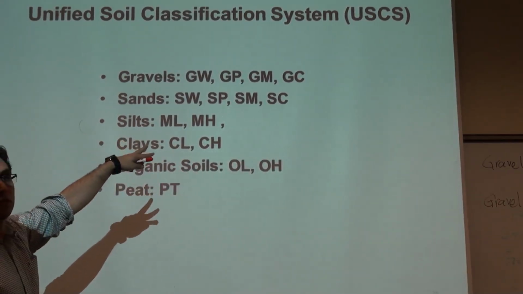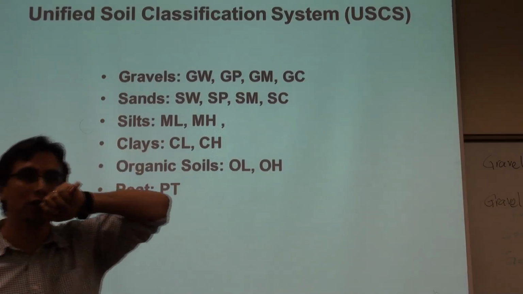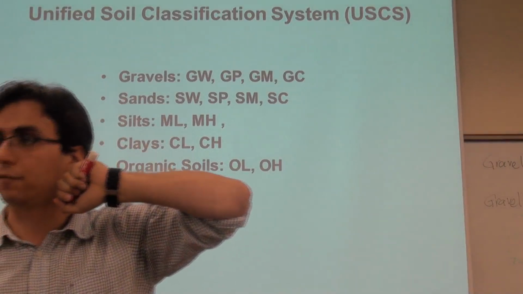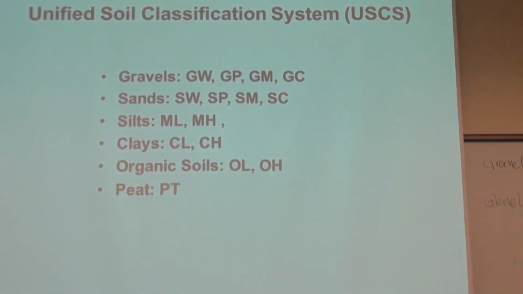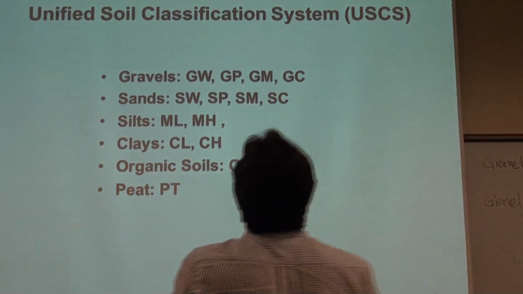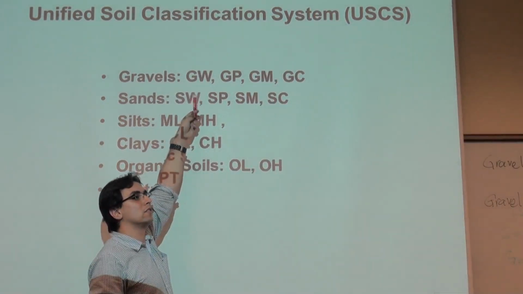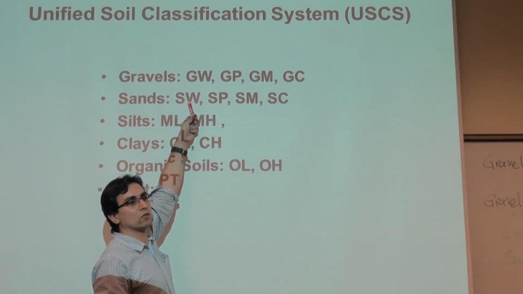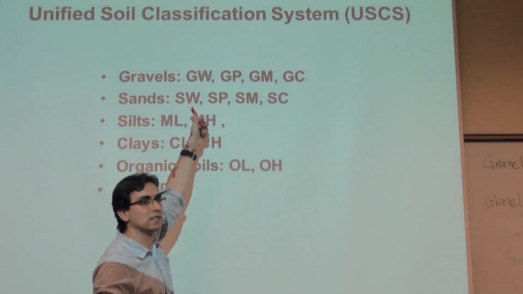But we don't have dual symbols here, those borderlines. Remember that when we have fine content between 5 to 12%, we have borderline soils. For those borderlines, we have two symbols. The first symbol characterizes the coarse grain part of our soil. For example, something like SW. This symbol has nothing to do with the fine grain soil. SW, well-graded sand, nothing related to plasticity.